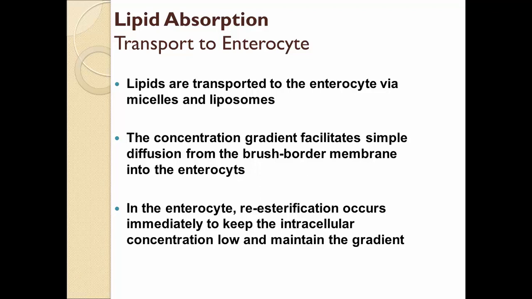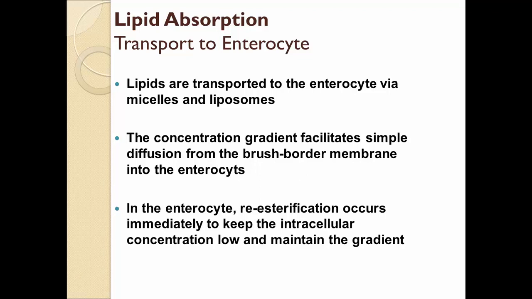So this process keeps free fatty acids low in the enterocytes. So it makes a concentration gradient. That means outside the enterocyte there is a higher concentration of free fatty acids and a lower concentration of free fatty acids inside the enterocytes.